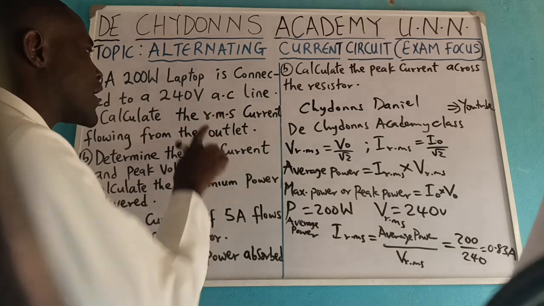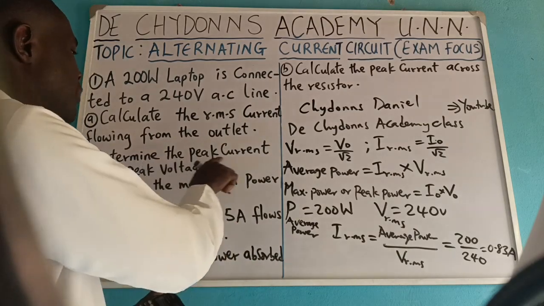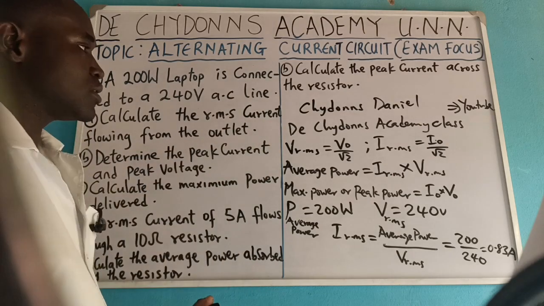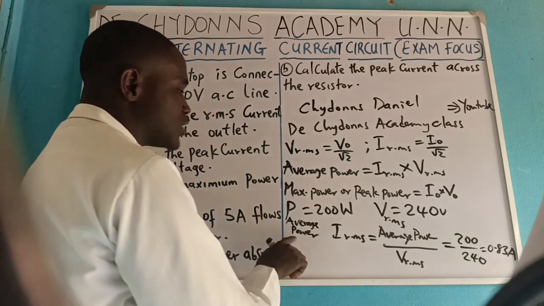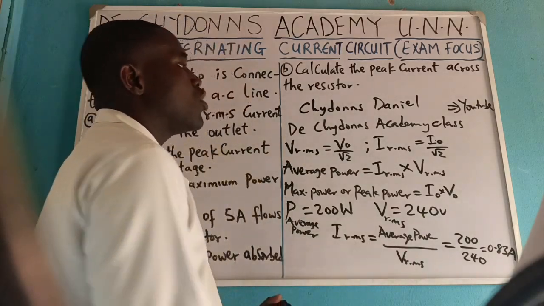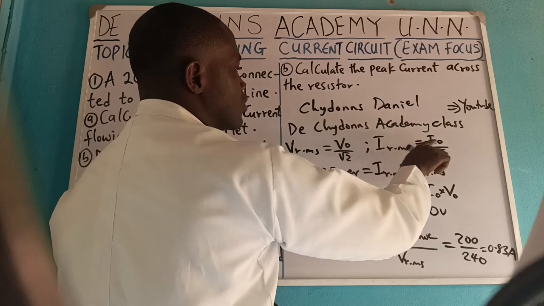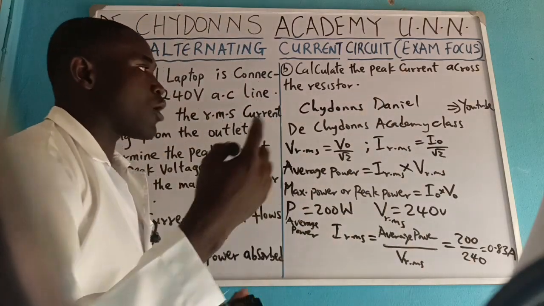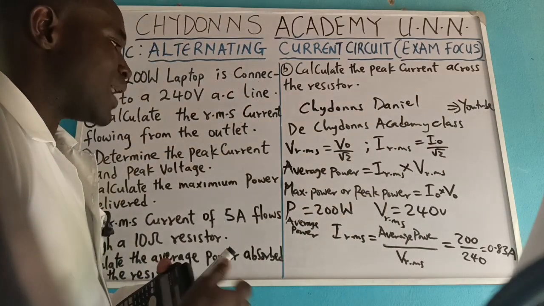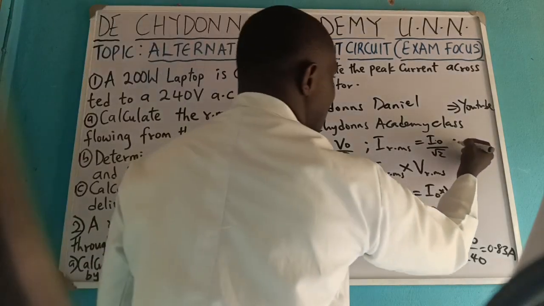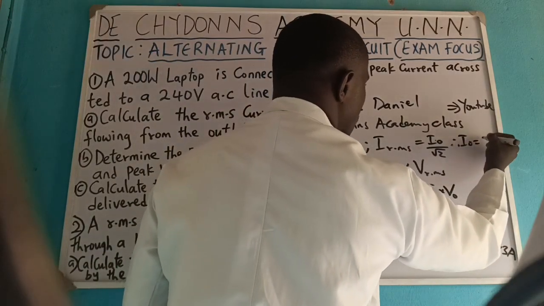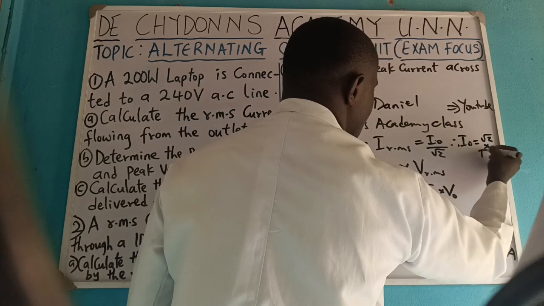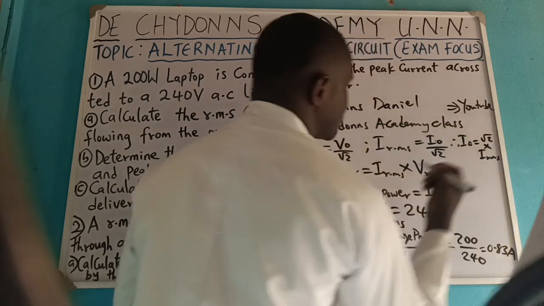Determine the peak current and peak voltage. If you are able to get your root mean square current, you can get your peak current or maximum current. How do you do that? You say that therefore maximum current is equal to root 2 times I root mean square current.